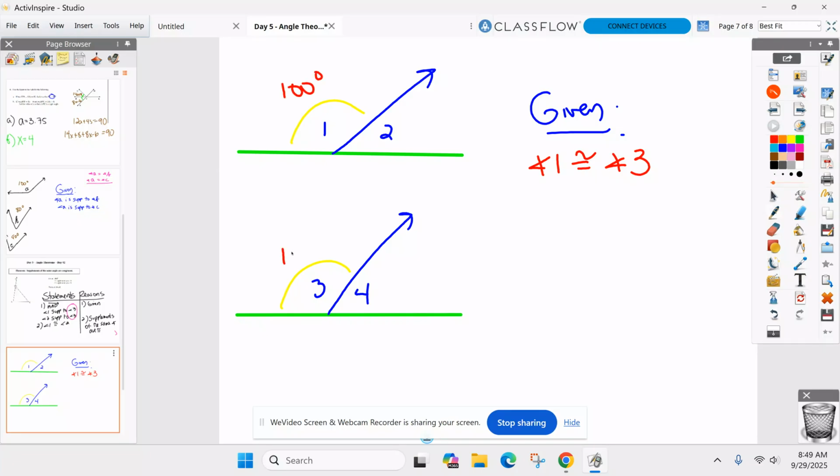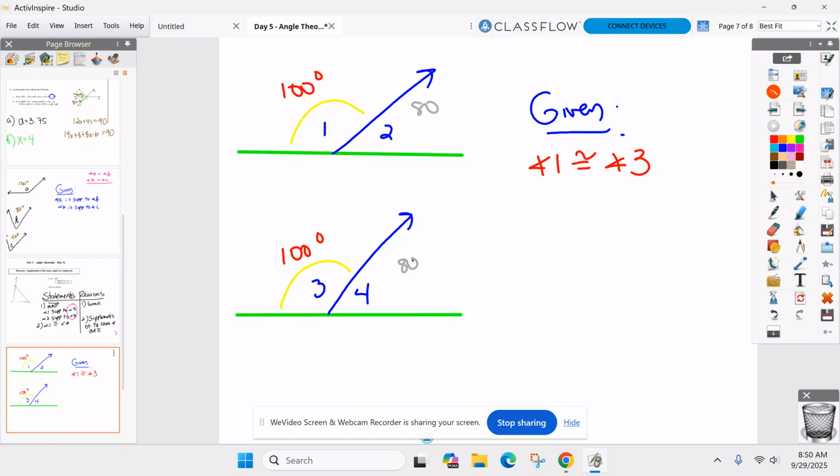Let's say that angle 1 is 100 degrees, and angle 3 has to be 100 because they're congruent. What do you know about 2 and 4? They're how many degrees? 80. They have to be congruent. Now, this is different than the last one I showed you. What's 2 supplementary to? 1.